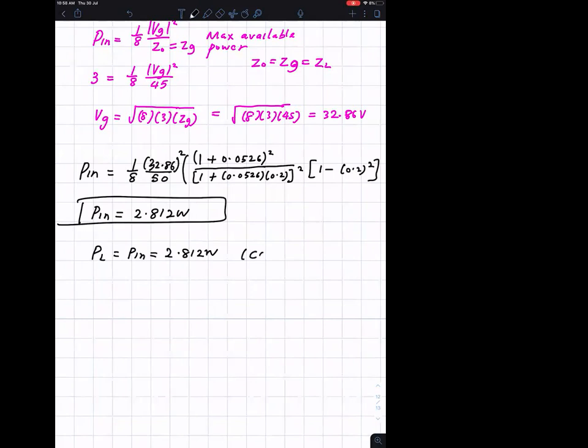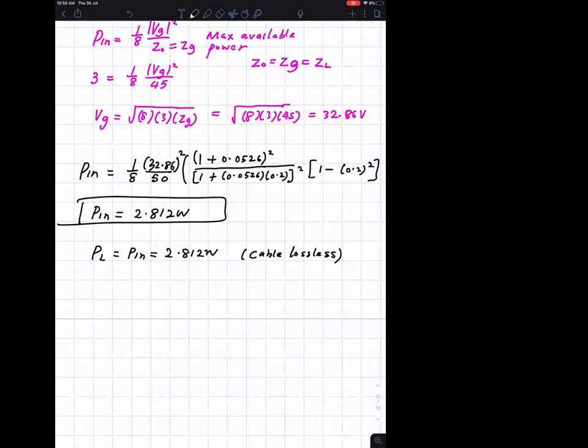Cable lossless, but the available power was 3 watts. Why are we only getting 2.8 watts reaching the load? The cable was lossless.